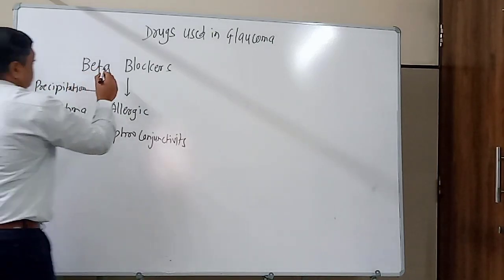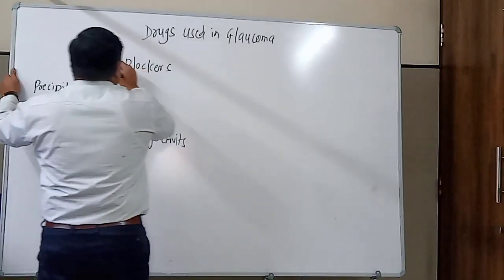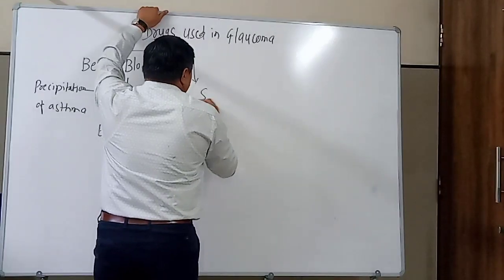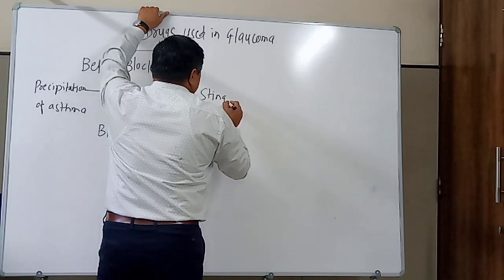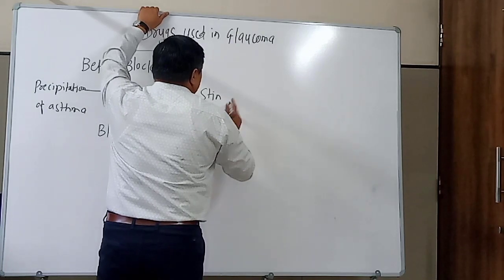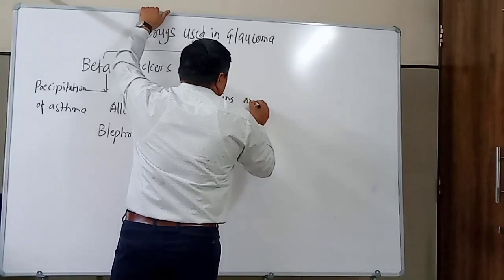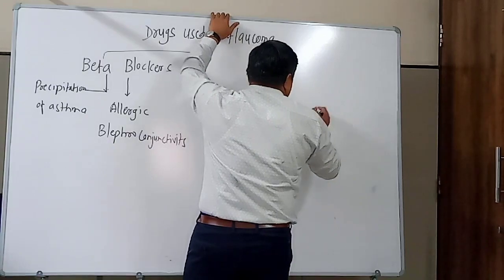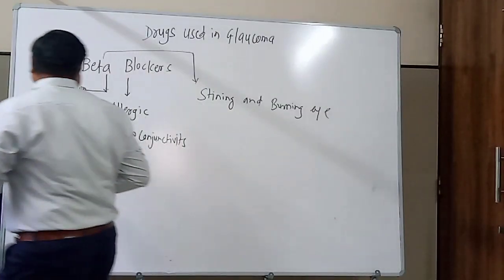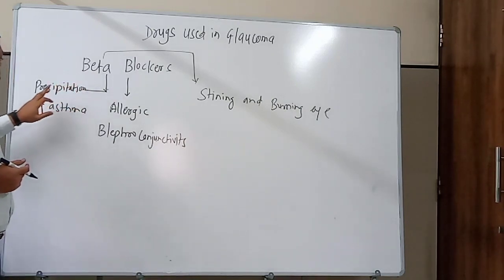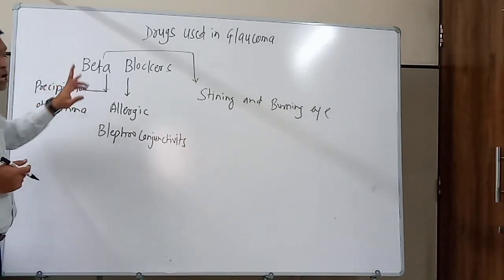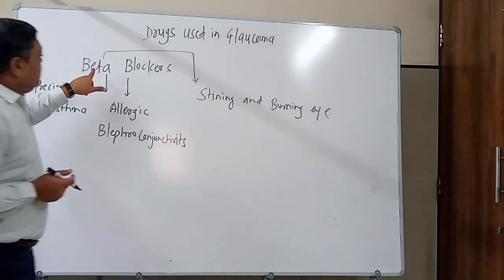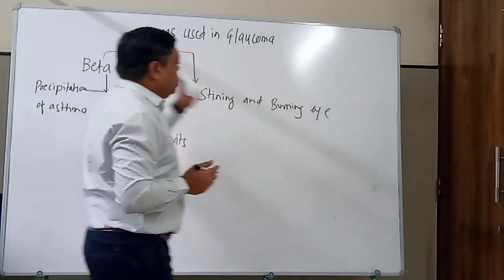This T is for stinging, burning in eye. Beta blockers ADR: precipitate asthma, mainly non-selective beta blockers precipitate asthma, allergic blepharoconjunctivitis, and stinging and burning in eye.